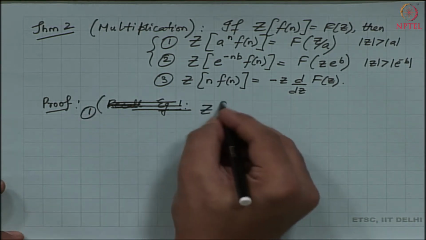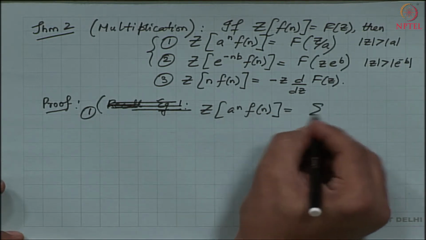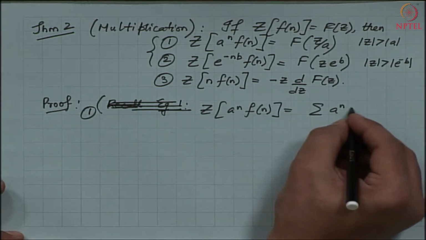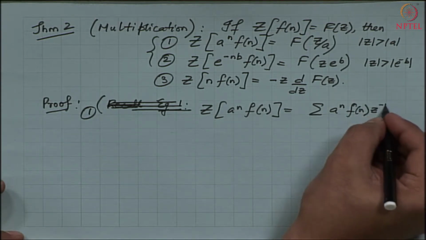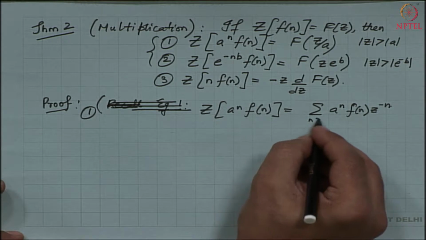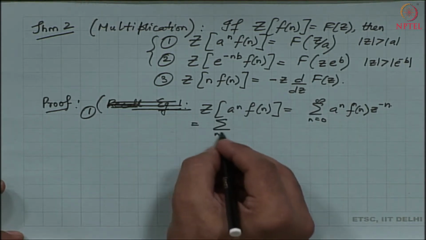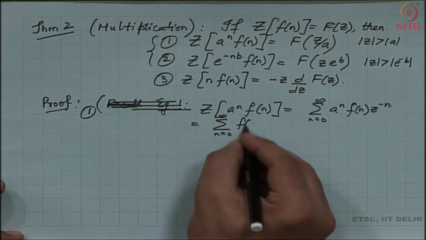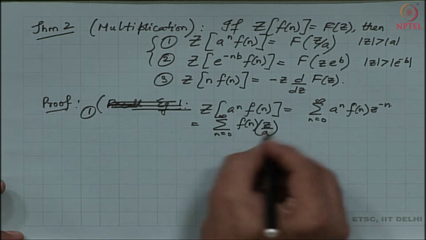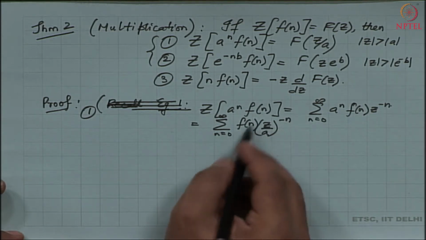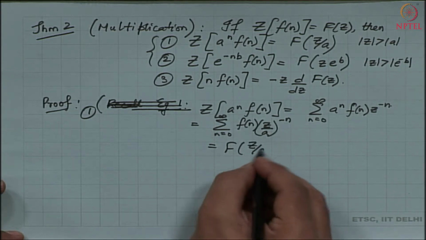The Z transform of a to the power n f of n will be summation a to the power n f of n z to the power minus n, n from 0 to infinity. If I rewrite this, this is the summation n from 0 to infinity f of n times z by a to the power negative n. I see that this is nothing but the Z transform with respect to this new variable z by a.